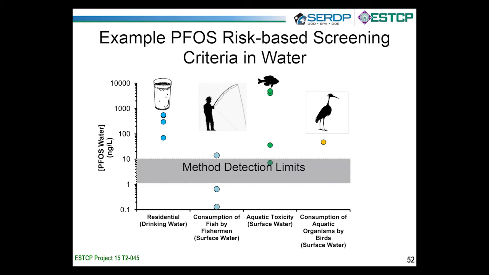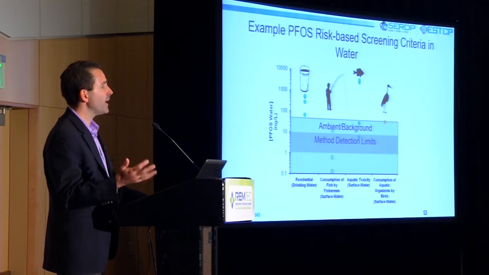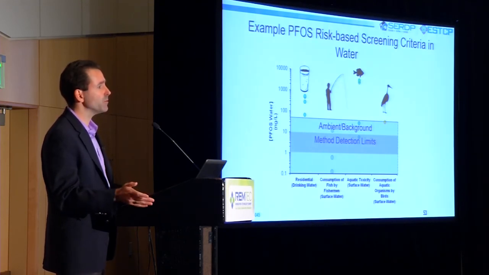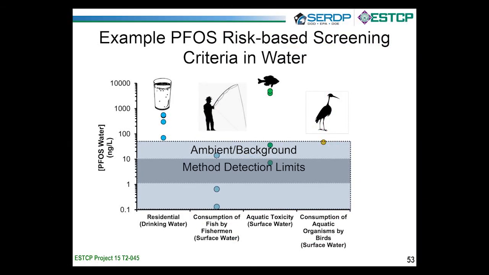And I'll note that, again, most of our analytical detection limits provided by commercial analytical laboratories are generally in the 1 to 10 nanograms per liter range. So some of these levels are actually below that. It's going to be challenging to evaluate and investigate some of the occurrences at sites. And again, ambient background issues are a huge challenge, especially in impacted suburban and urban areas where you have multiple sources from landfills, AFFF application areas, airports, firefighting training areas, things like that.